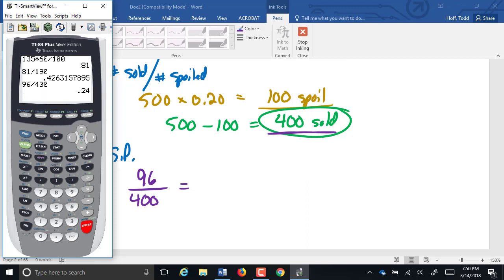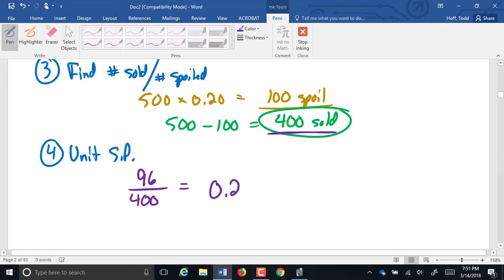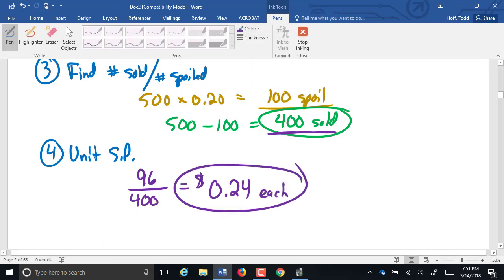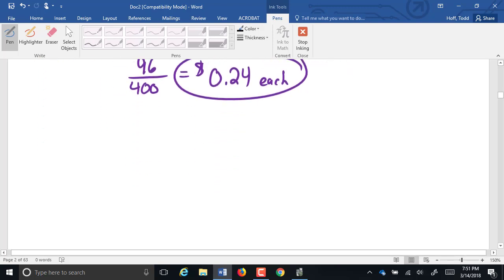We get 24 cents each. So each cookie has to sell for 24 cents. What do you think? Not so bad? Ready to try one all on your own? Oh, that's coming. Yeah, good thought. Give me 5 minutes.